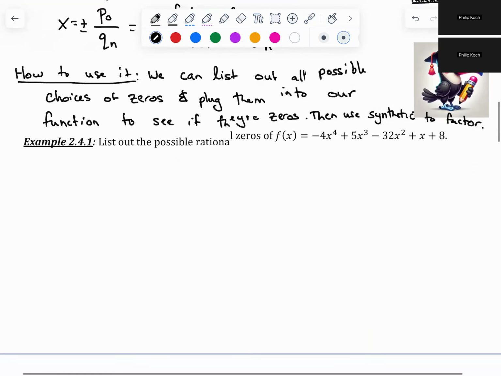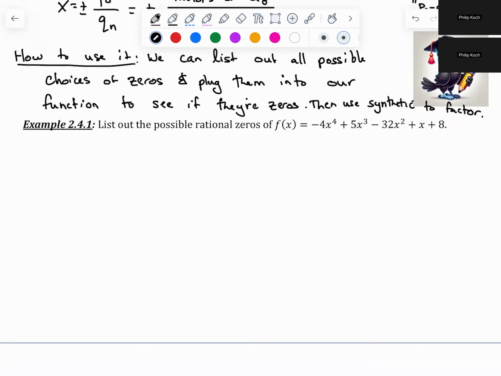List the possible rational zeros of f of x equals negative 4x to the fourth plus 5x cubed minus 32x squared plus x plus 8. With this one, we have no way of factoring this with our current information except for the rational zeros theorem.